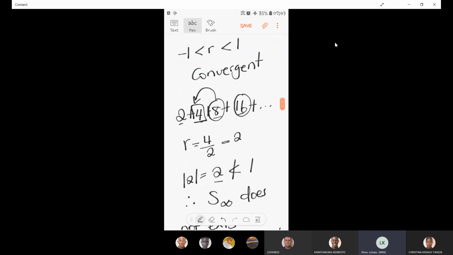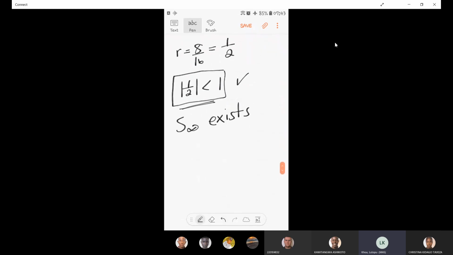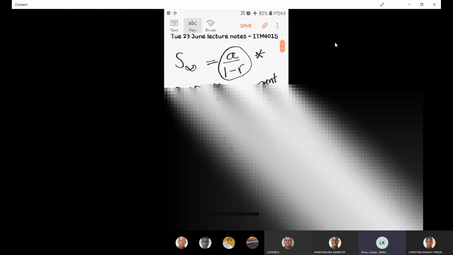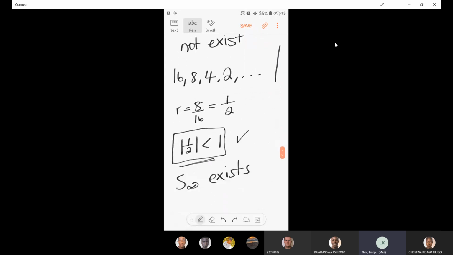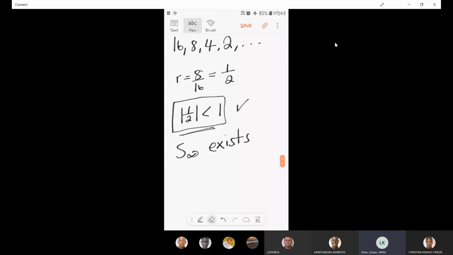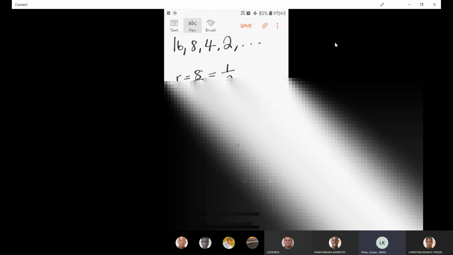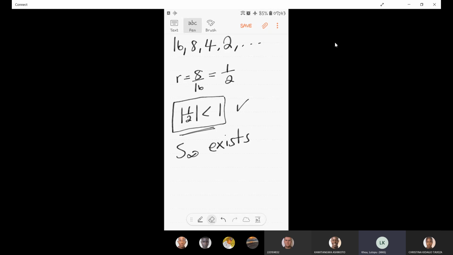Okay, so here, now that we know that the sum to infinity exists, the reason it exists is because our r is between -1 and 1. Now I just use the formula to work out what the sum to infinity is. So my sum to infinity, your infinity is like an 8 that's lying down.